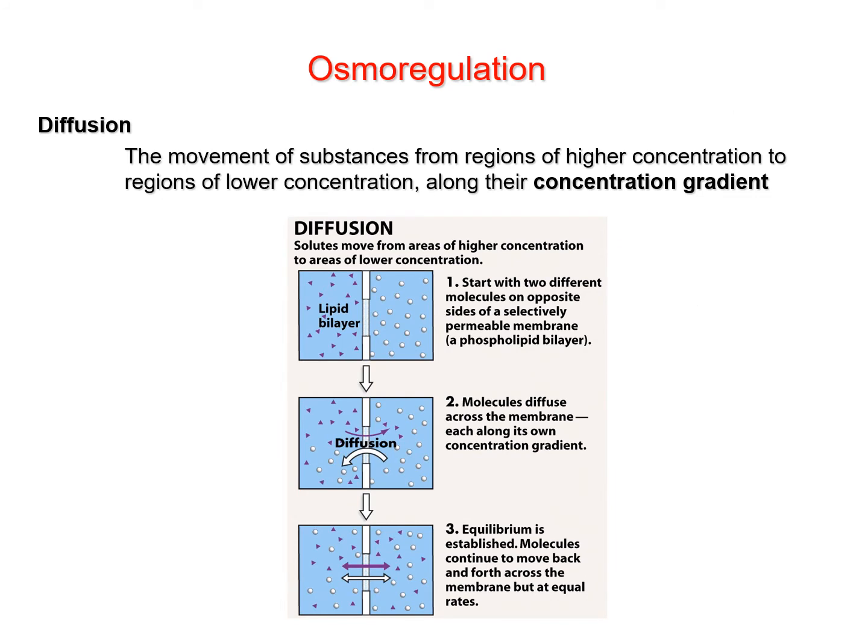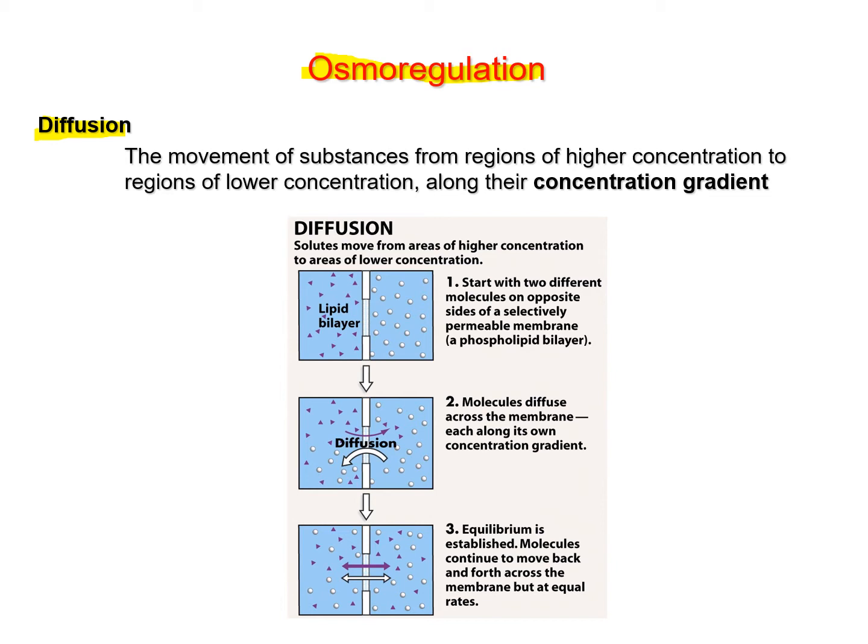I want to remind you again, reinforce this idea of semi-permeable membranes and diffusion versus osmosis. So we're talking about, in general, osmoregulation. Diffusion is the movement of a substance along the concentration gradient, from regions of high concentration to regions of low concentration.